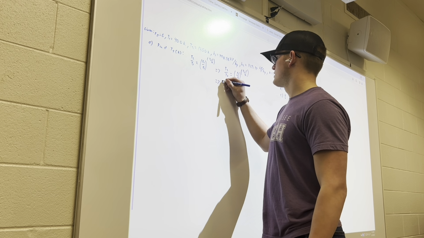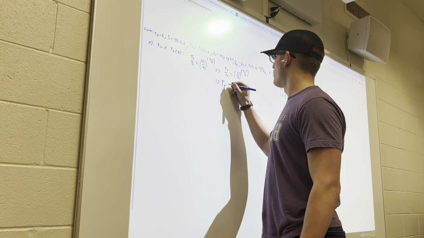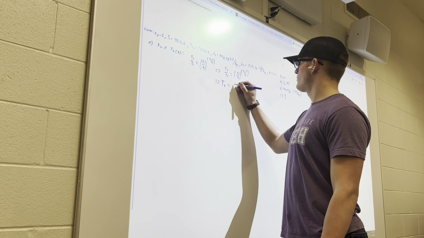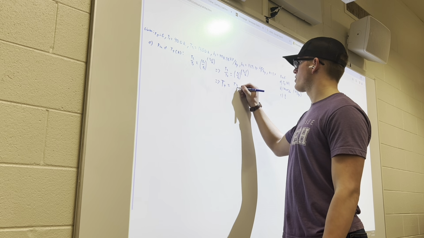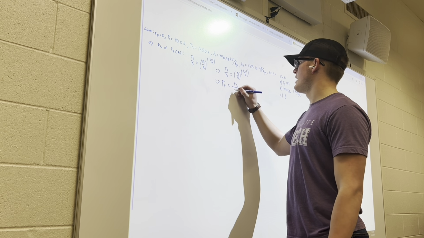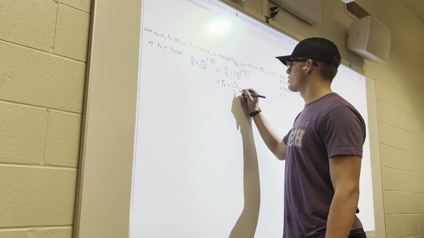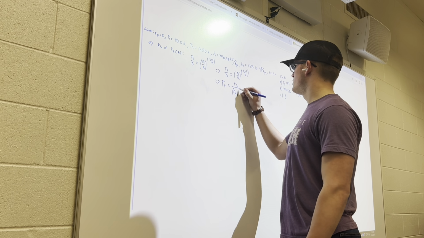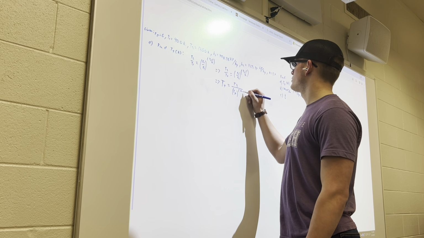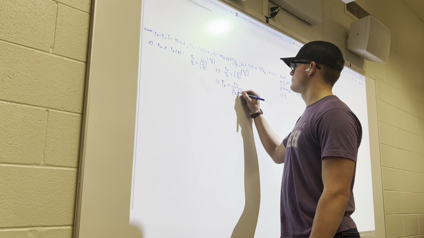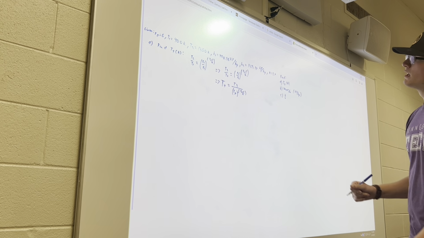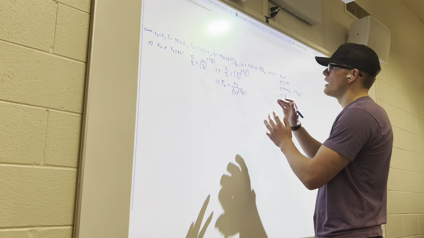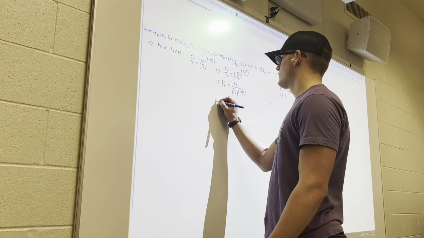So T4 is equal to T3 divided by RP, our pressure ratio, to the K minus 1 over K. That's an exponent, just to be clear. This is not that hard of a formula, thankfully.